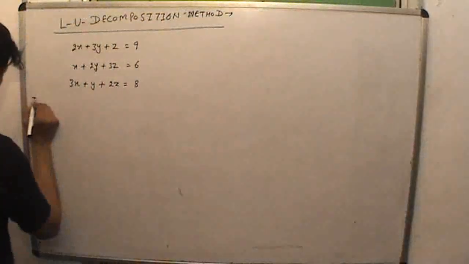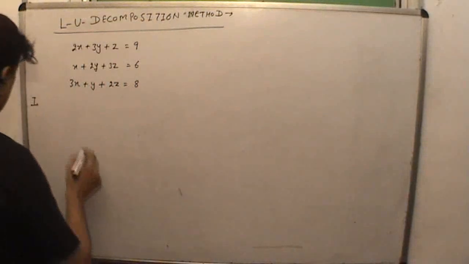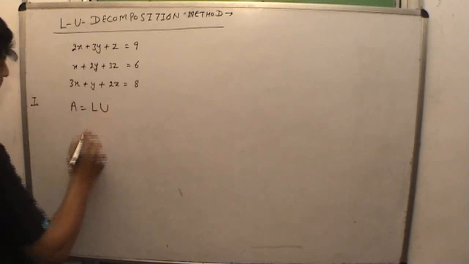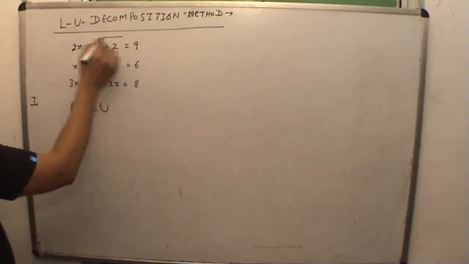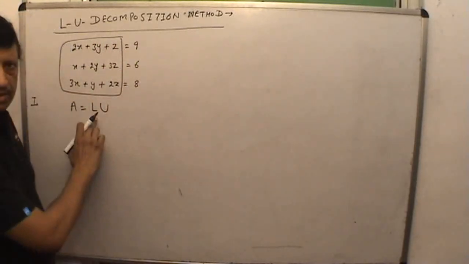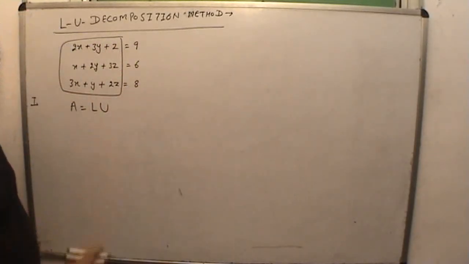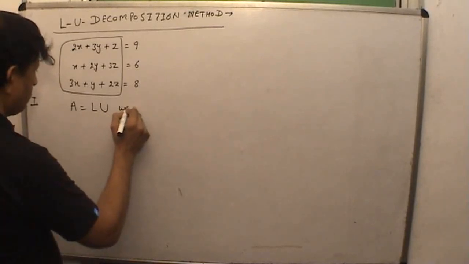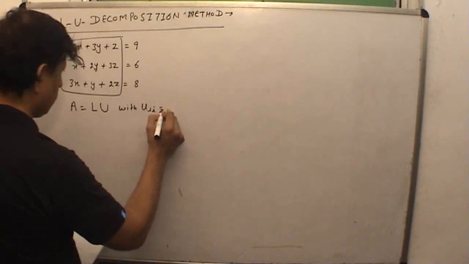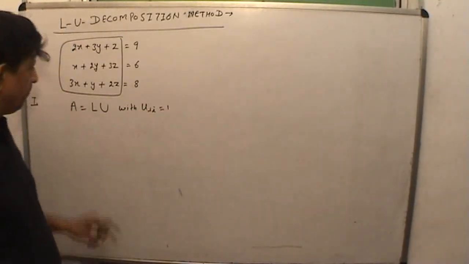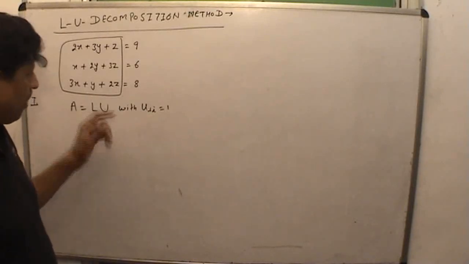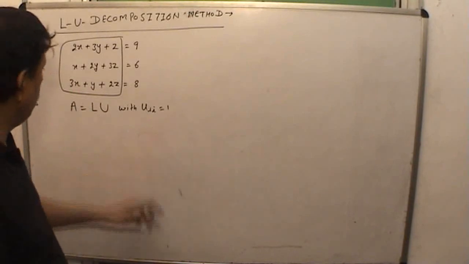First step, we write A is equal to L into U. A is the matrix of coefficients of this system, L is the lower triangular matrix, and U is the upper triangular matrix with the condition Uii is equal to 1. Uii means the diagonal elements of the upper triangular matrix, they should all be 1.